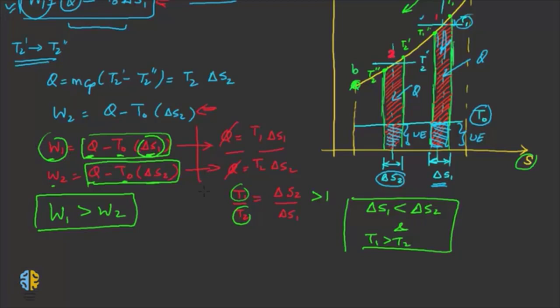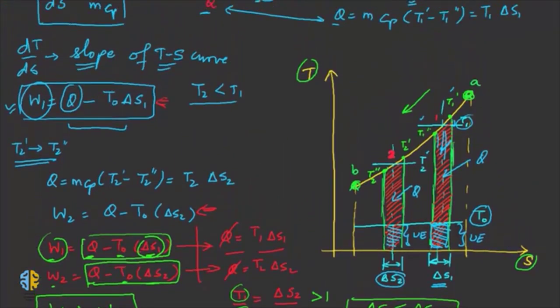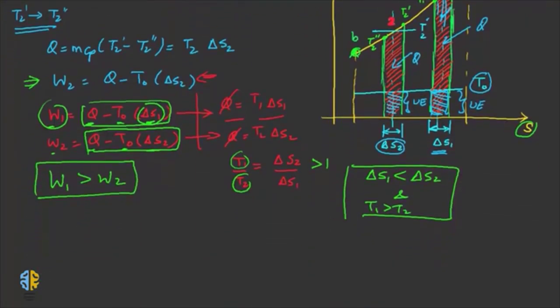So if you look at this, we were talking about W1, so this is the amount of available energy loss when the heat loss occurs at temperature T1, and this is the available energy loss when the heat loss occurs at temperature T2. Now when the comparison is carried out, we come to know that W1 is higher than W2.